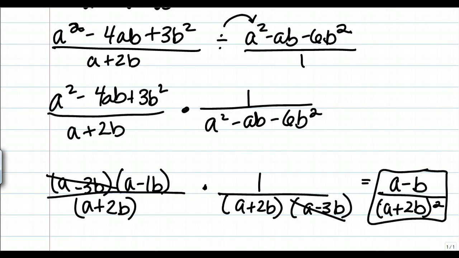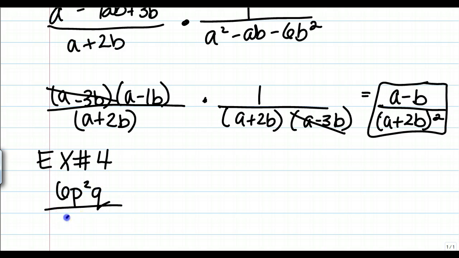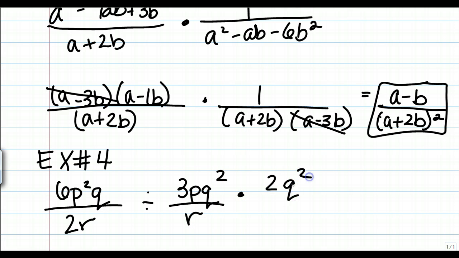Last one, example number 4. P squared q over 2r divided by 3pq squared over r times 2q squared over pr.